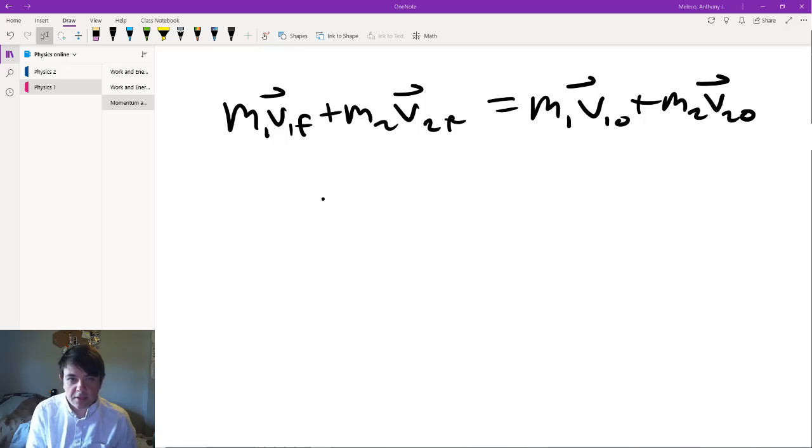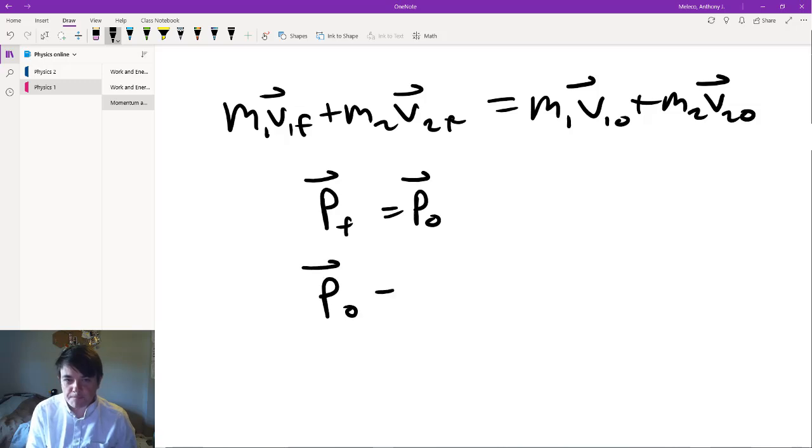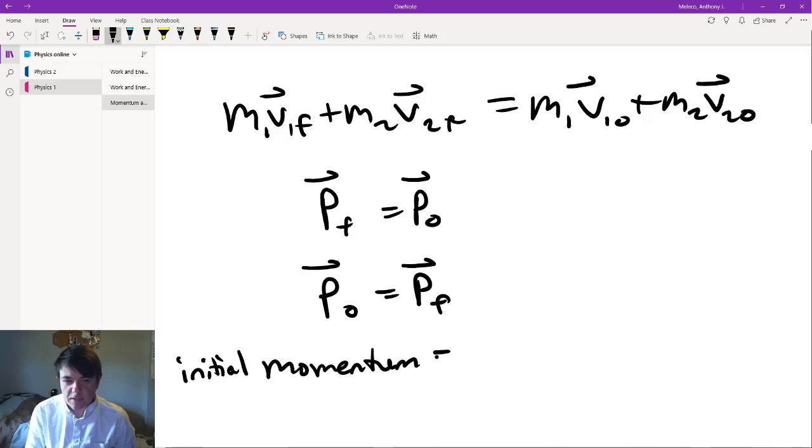What we can write now is P final equals P initial, or the initial momentum equals the final momentum in the system. So the momentum doesn't change.